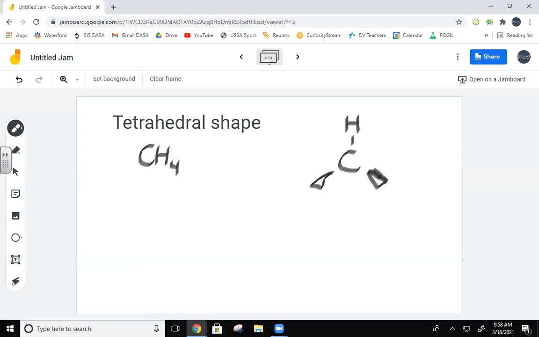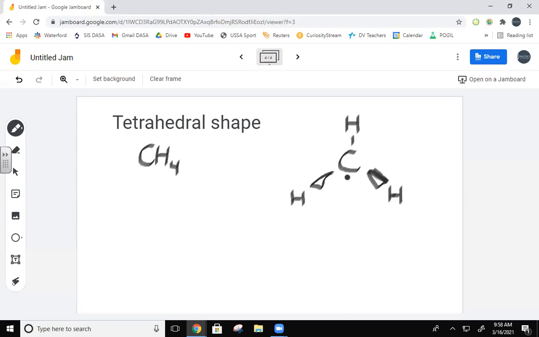Yeah, okay, that'll work. We have a triangle here. H and H. Okay, and then we're going to do one more, because how many H's should there be? There should be 4 H's, right?